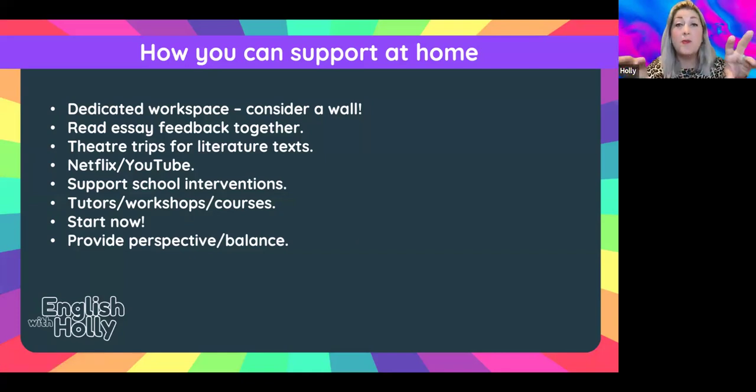You can just use your post-it notes and list all of the quotes that they have to remember for literature, and then list all of the methods and the techniques that are being used. And then analyze them and sort of build a big wall. That live is still on Facebook. You'll be able to find that on my Facebook page if you wanted to have a little look at that.